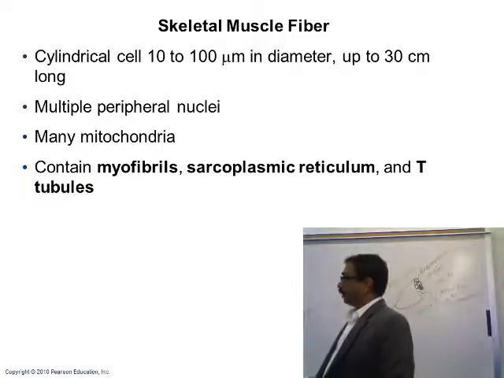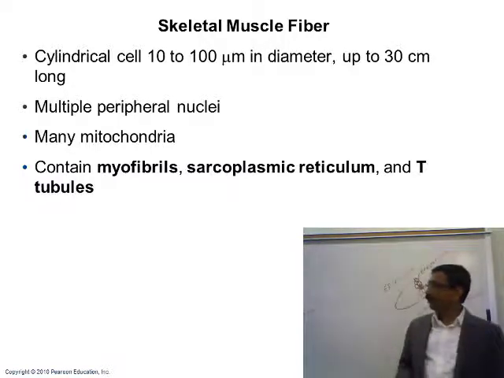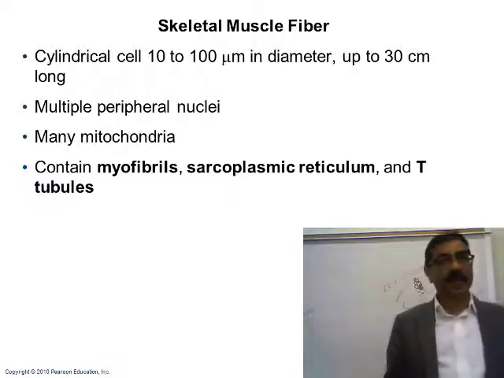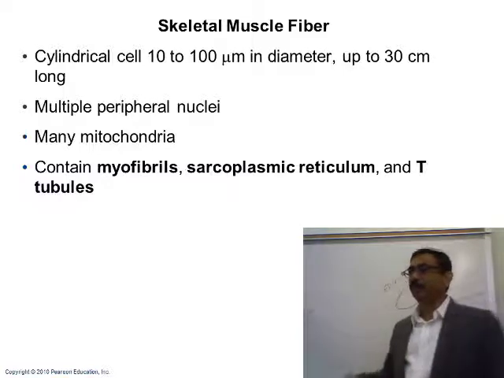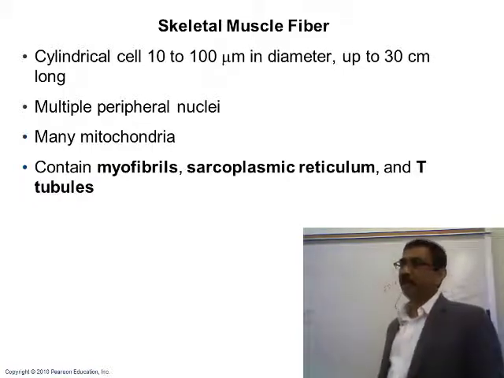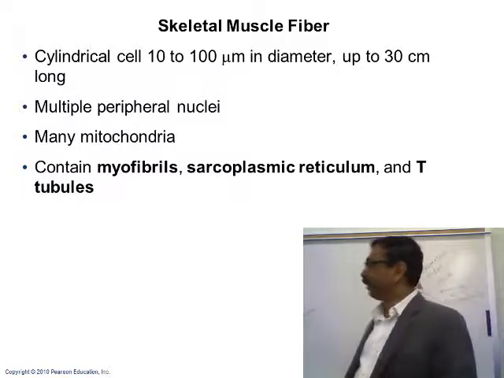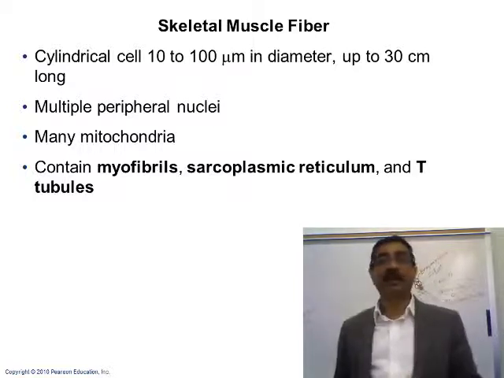Multiple peripheral nuclei, you already know that. Many mitochondria. A lot of metabolism occurs. That's why you have many mitochondria. You know mitochondria provides ATP, called the powerhouse. And inside the muscle fiber, you have the myofibrils that you already know, those thin rod-like structures.